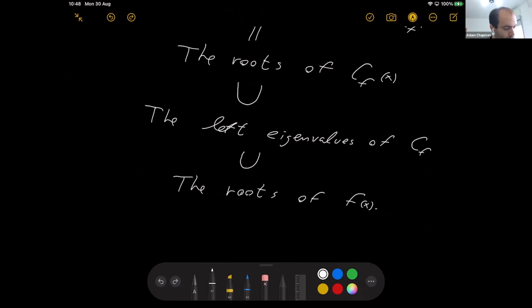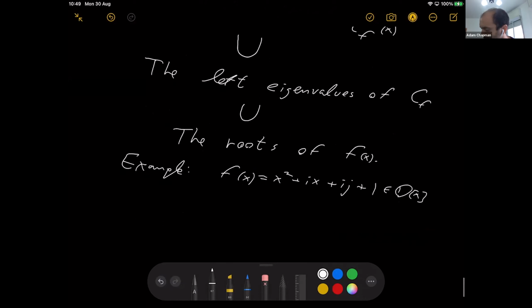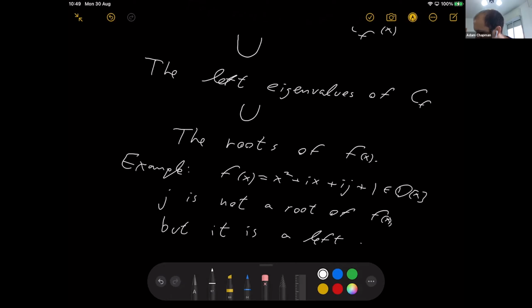And just to perhaps give a quick example, if you consider the polynomial x squared plus ix plus ij plus 1 over Hamilton's quaternions, then j is not a root, but it is a left eigenvalue of CF.